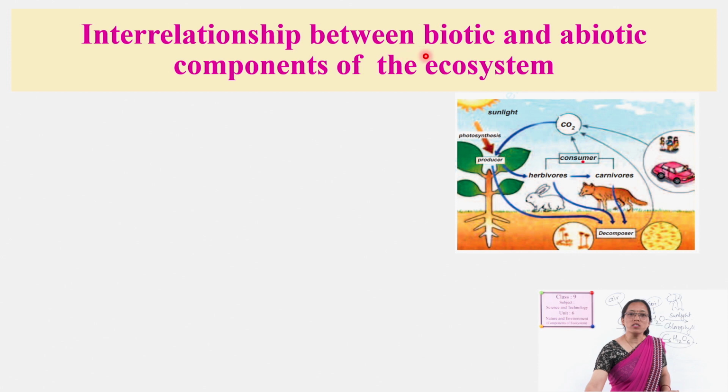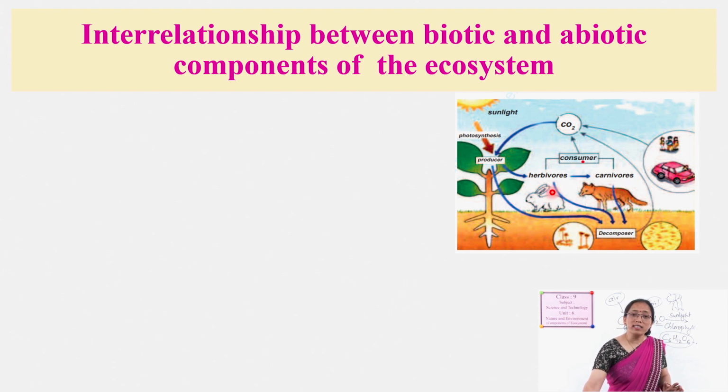What is the interrelationship between the biotic and abiotic components of the ecosystem? Green plants convert abiotic factors into biotic components by photosynthesis. They utilize sunlight, carbon dioxide and water, and prepare food by the process of photosynthesis. Primary consumers feed on the plants, and these are eaten by the secondary consumers, which in turn are eaten by the tertiary consumers.